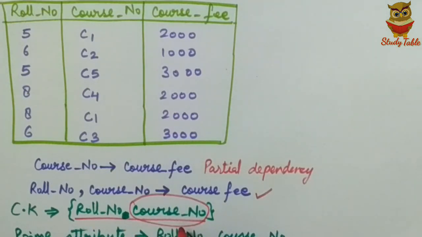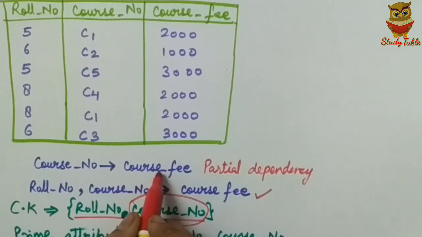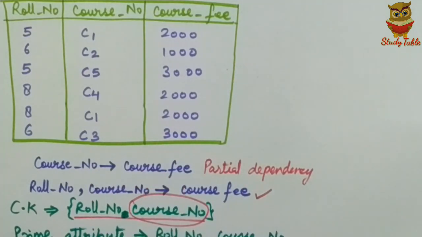I have told you the partial dependency definition: when a subset of a primary key or candidate key determines a non-prime attribute. This is a set, and the subset will be course number. So the subset, that is the course number, is identifying a non-prime attribute. Hence here is partial dependency. So this table is not in second normal form.